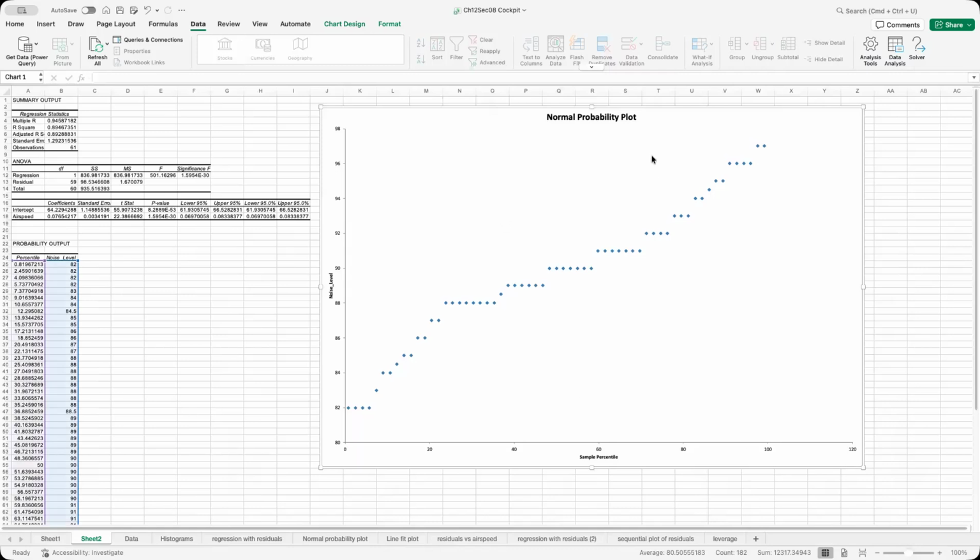It's not a perfect straight line, is it? But it is going the right way, isn't it? As we go from 0 to 100 in our percentiles, we're going up. It's not got to be a perfectly straight line, but if I laid a ruler across that, I wouldn't have too many things too far away, would I?